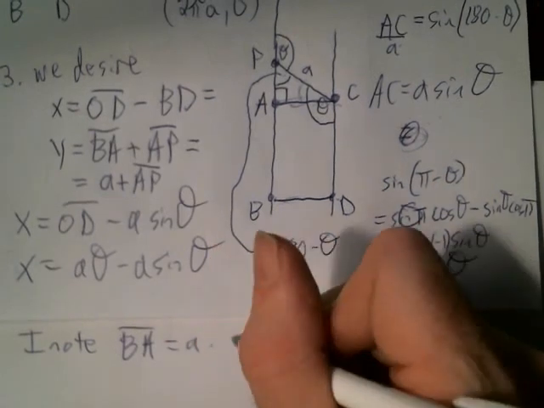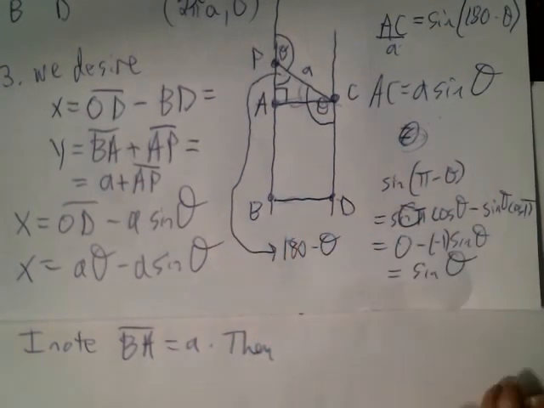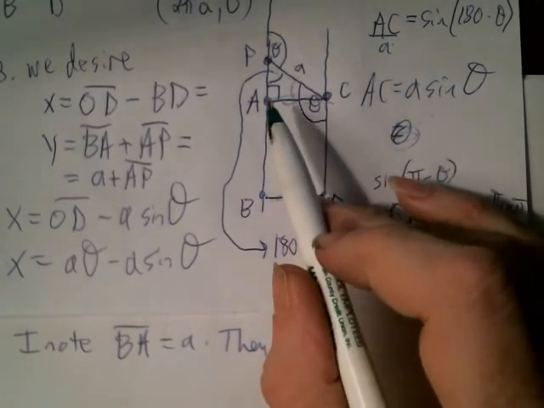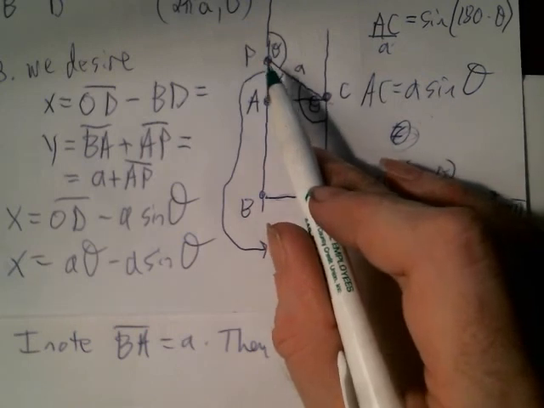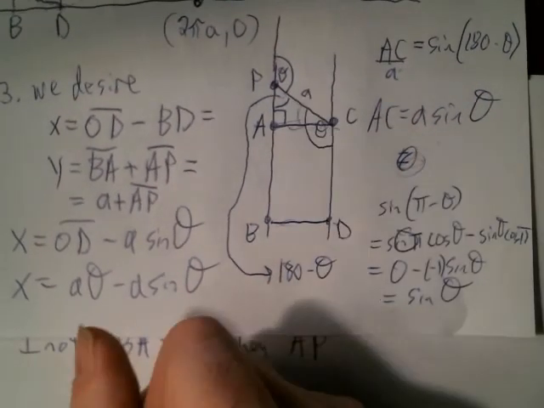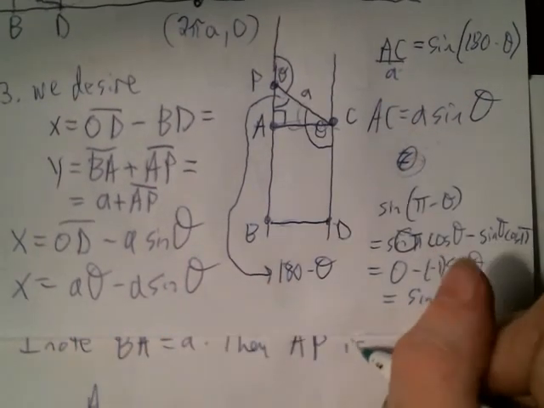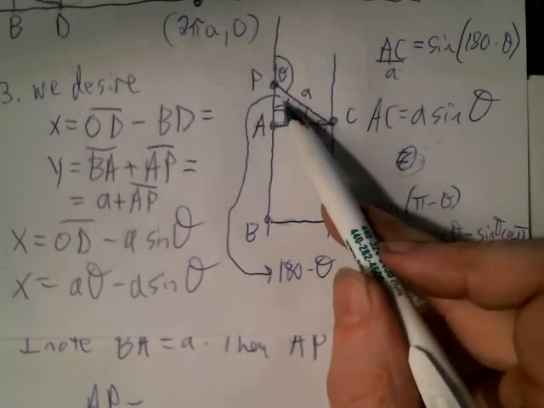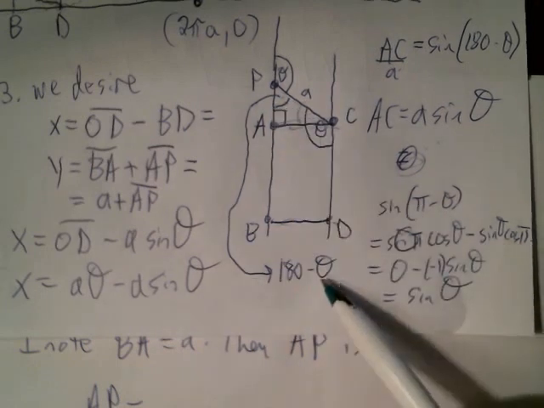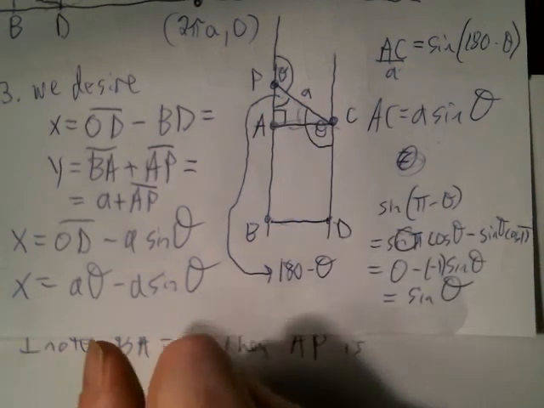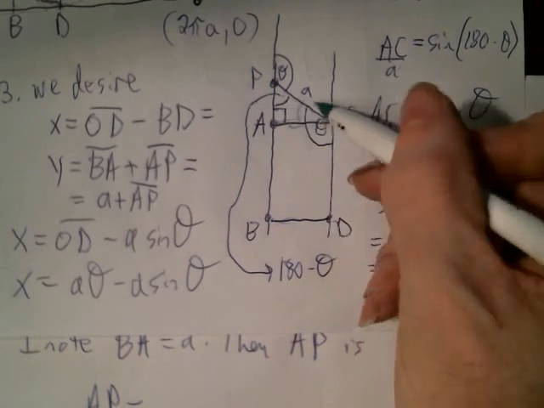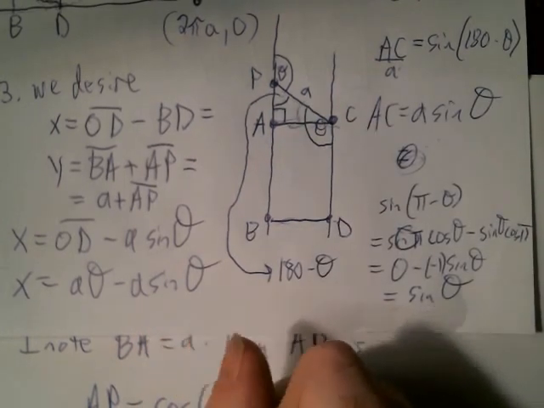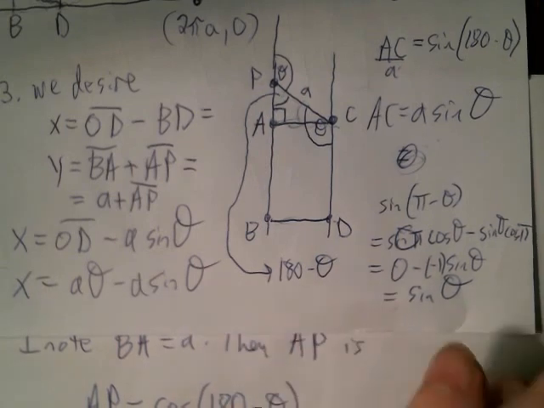Then this other distance I need, what was AP? From this diagram, AP is here. Okay? So I must be going after what? Well, AP all over A, adjacent over hypotenuse, is equal to the cosine of this angle here, which is 180 minus theta.